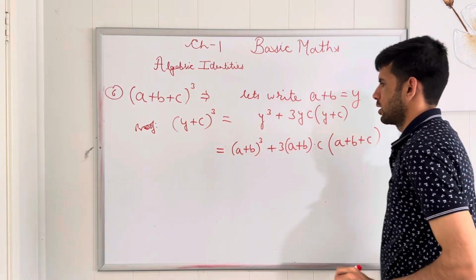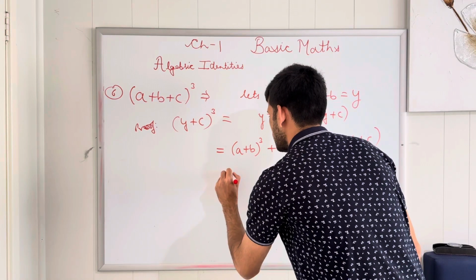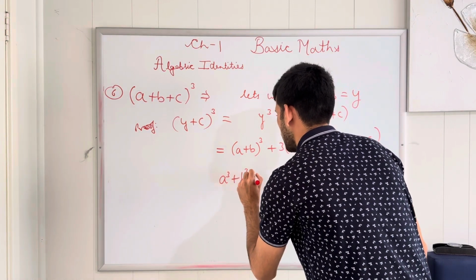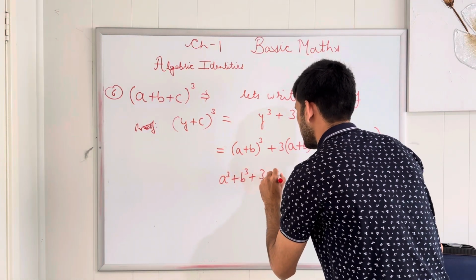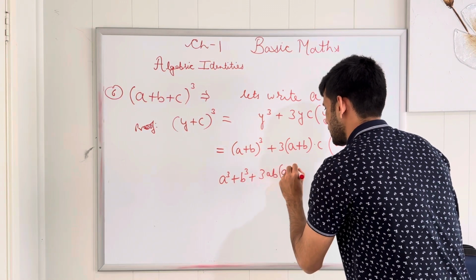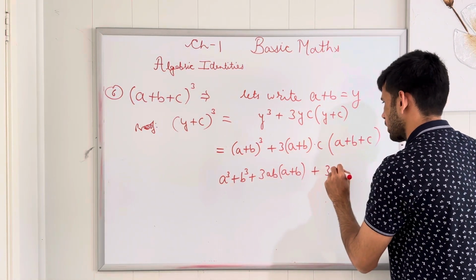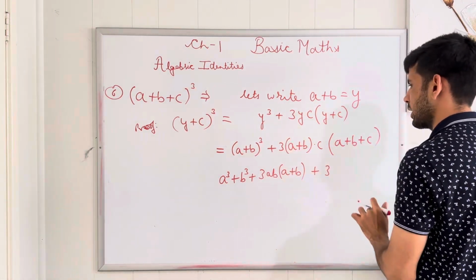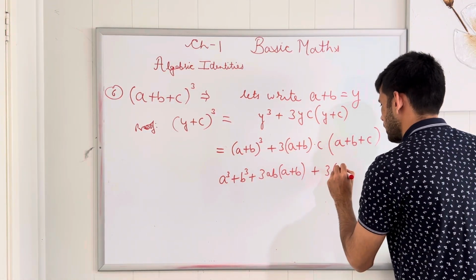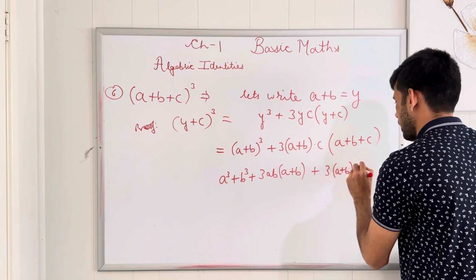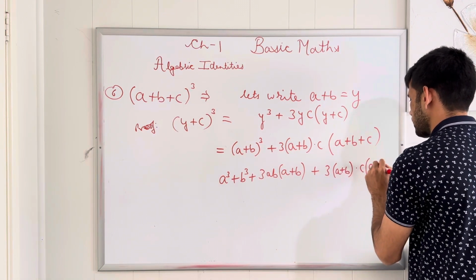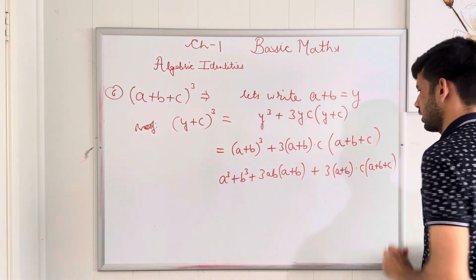All right, and now if you open it, you get a cube plus b cube plus 3ab(a + b), and similarly plus 3 times, you get here (a + b) and (a + b), and you get c multiplied by (a + b + c), right?